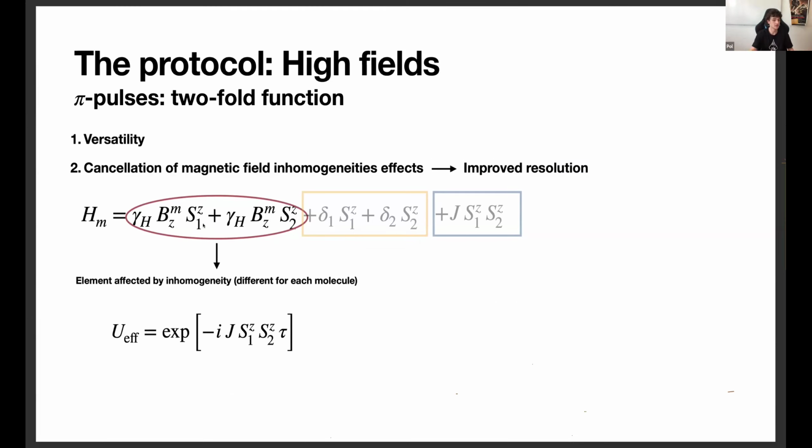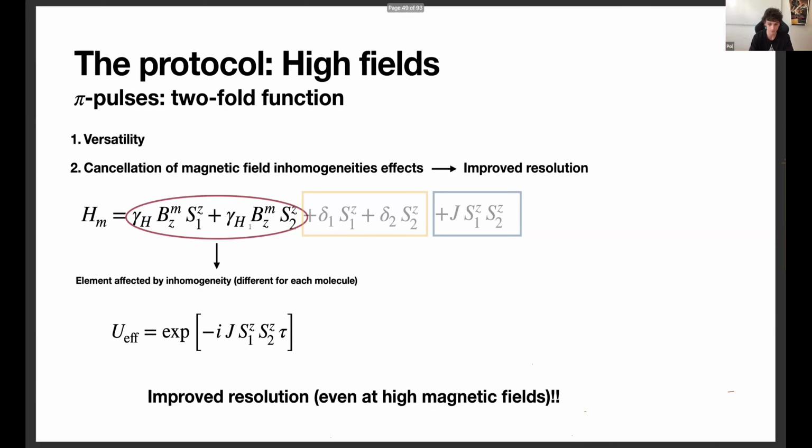So I don't care if this term is different for each molecule or not, because after that echo sequence, this term will not affect the dynamics. So effectively, pi pulses also improve the resolution of the protocol, even at high magnetic fields. Now I can work at high magnetic fields because I don't have the problem of resolution anymore. This is also called dynamical decoupling, if anyone knows this concept.